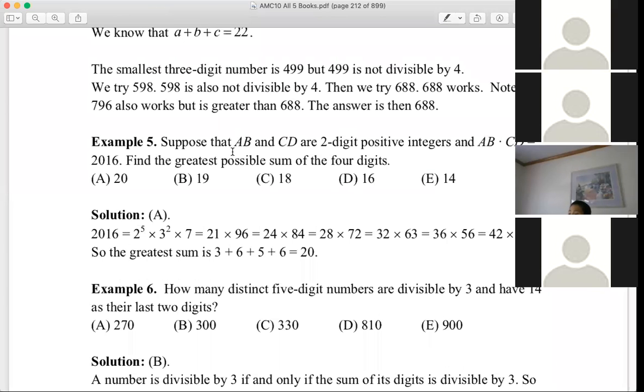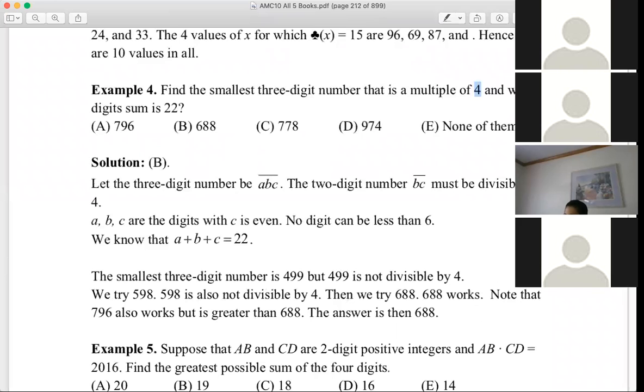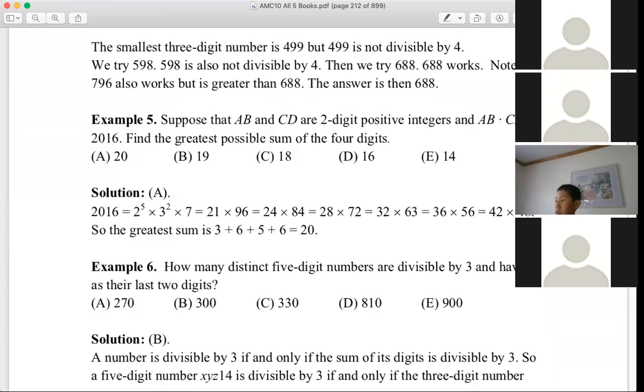Okay. Now let's see this number. Let's say number 6. This example says: how many distinct 5-digit numbers are divisible by 3 and have 14 as their last 2 digits?